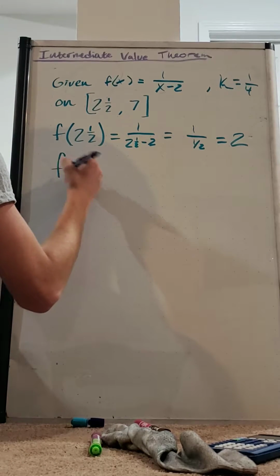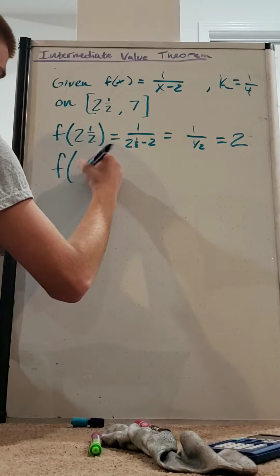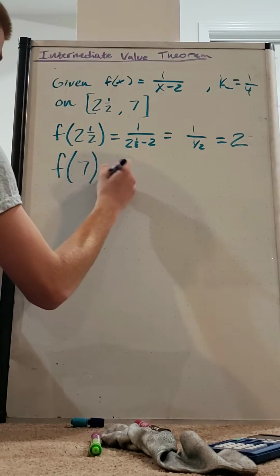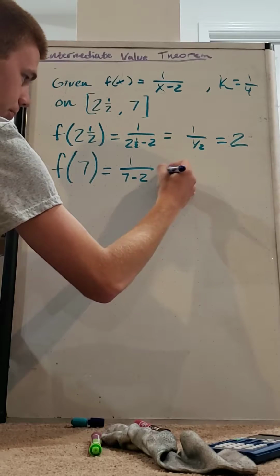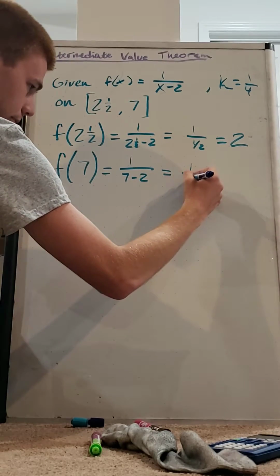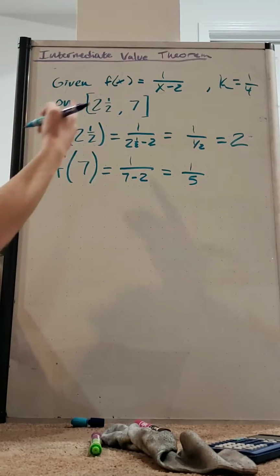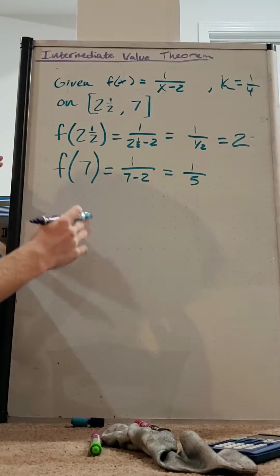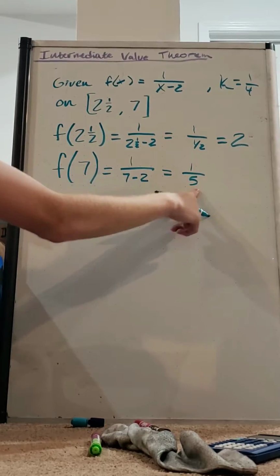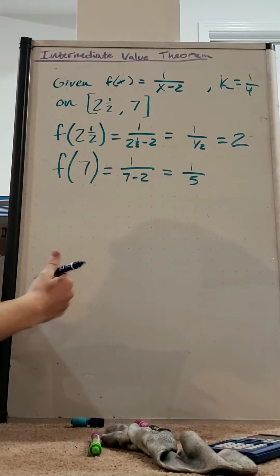And so we find the rightmost endpoint. And that's 7, that'll be 1 over 7 minus 2 equals 1/5. So that means on this interval 2.5 to 7, every value between 2 and 1/5 is accounted for.